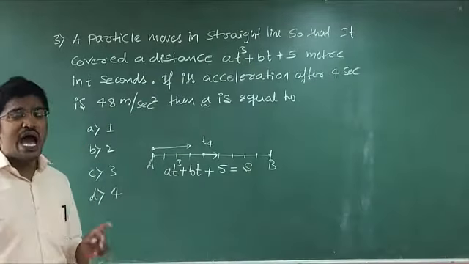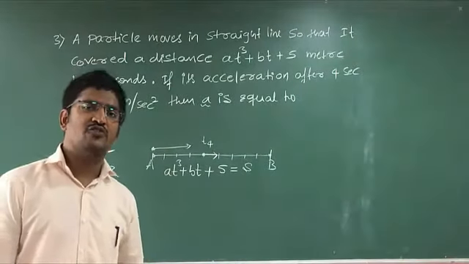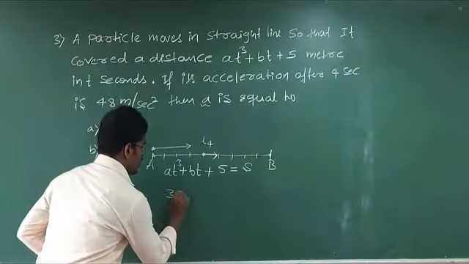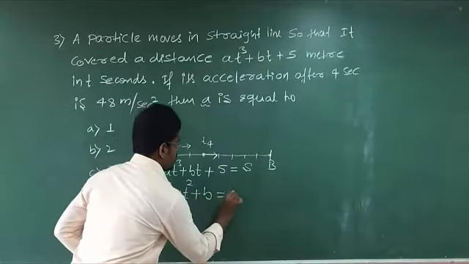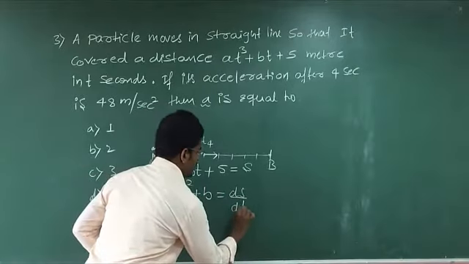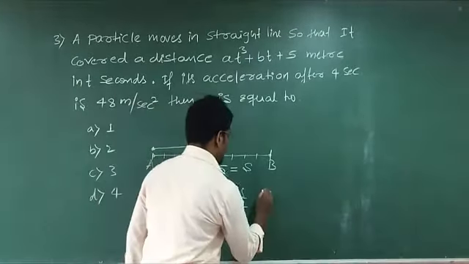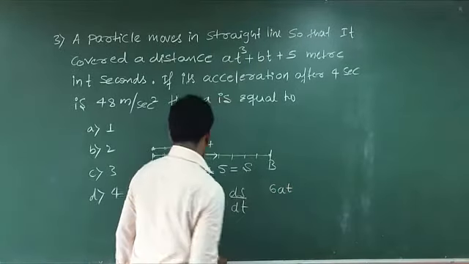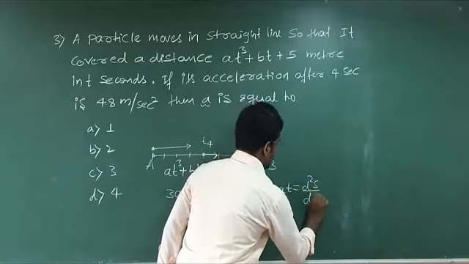Clear? To go to acceleration, you have to differentiate it two times. So that will be 3a t square plus b, the constant term is 0, that is equal to ds by dt. If I differentiate again, it will be 6at equal to d square s by dt square.